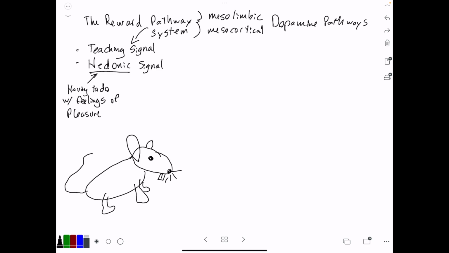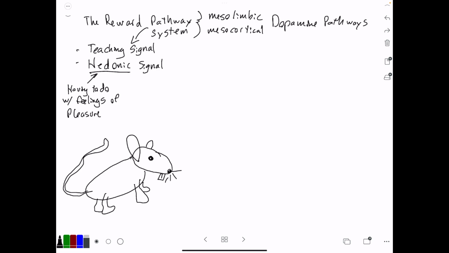So this is supposedly a rat. Here's our adorable little rat, one of the first subjects as we're investigating the effects, the mechanisms, the purpose of dopamine.